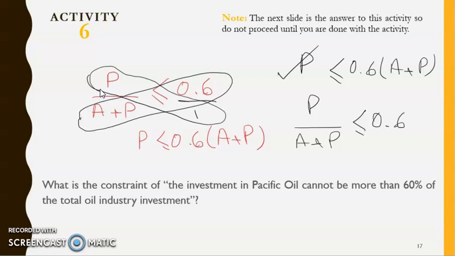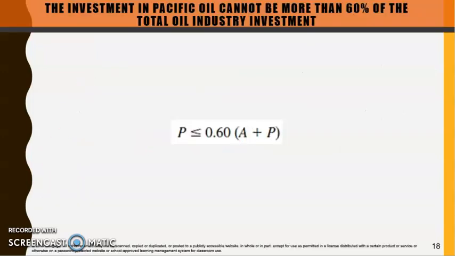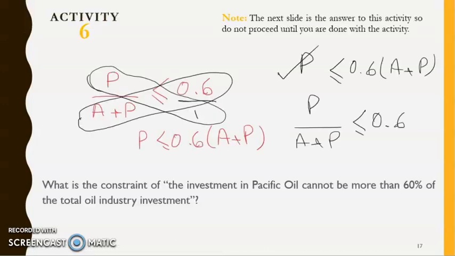And now we can check the answer. As you can see, P, the amount of investment in Pacific, is smaller than 60% of the total investment in oil. Any way you write it is okay. When we write it like a fraction, it is more similar to the marketing application that we had.